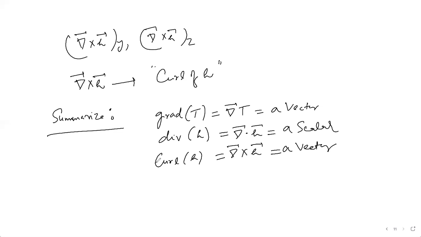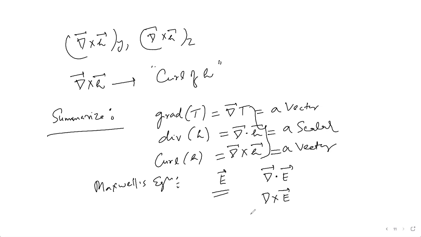so you will always see the implications of these sort of differential operators on a field. For example, when you are going to study electrodynamics, your Maxwell's equations, right? In Maxwell's equations, you will always have a vector field, the electric field, and you will always see this sort of operation associated with this field.